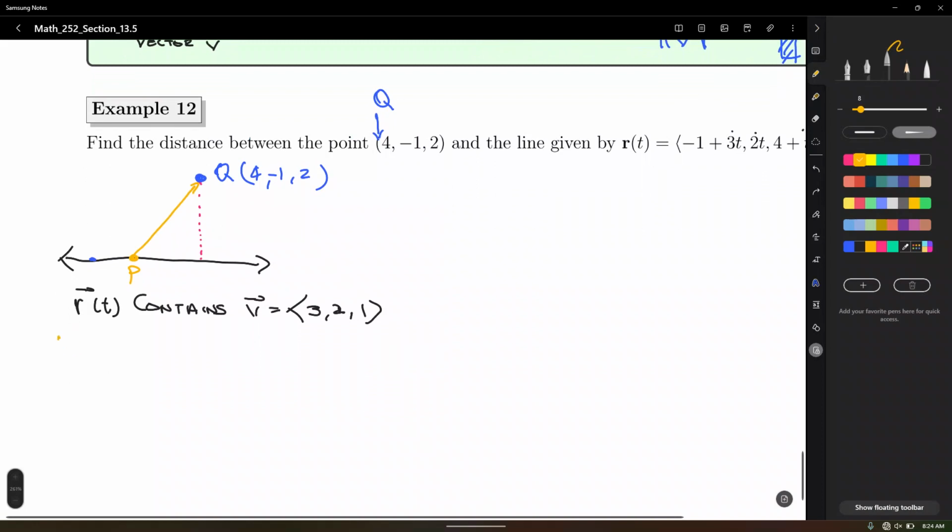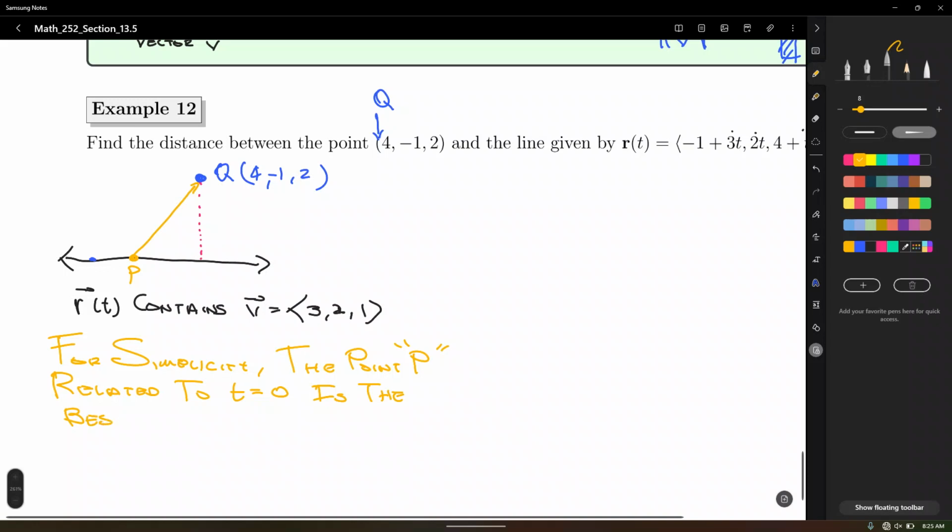So for simplicity, the point P related to t equals 0 is the best choice. The easiest.